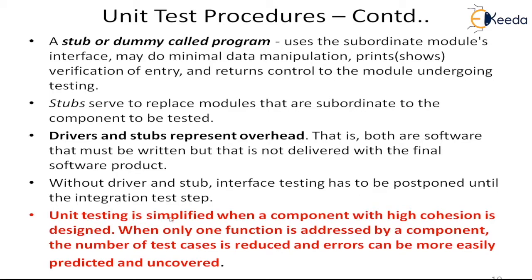Unit testing is simplified when a component with high cohesion is designed, when only one function is addressed by a component, the number of test cases is reduced, and errors can be easily predicted and uncovered. If you have written a highly cohesive module, you will have fewer test cases and it is easier.